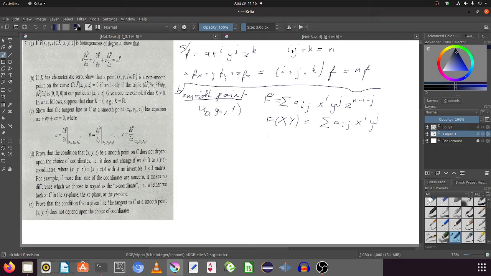So that means that f_x and f_y are not both vanishing. So the product is non-vanishing.